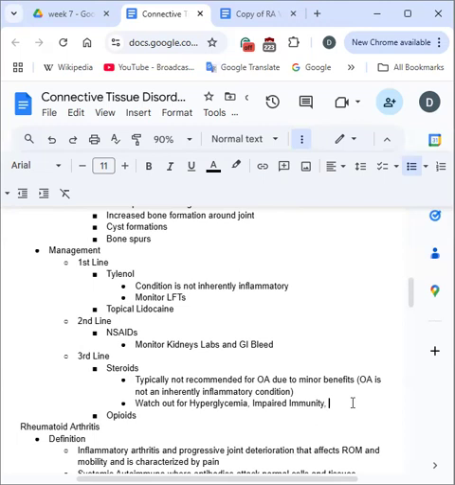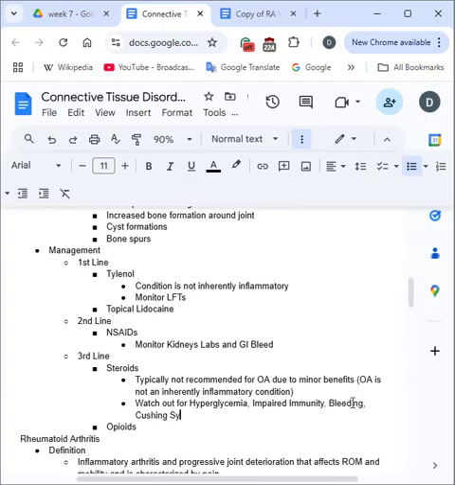So bleeding risk, all the things, and it can technically cause Cushing syndrome when it's really high dose, long term, but it probably wouldn't be in this condition because it's not really recommended for OA. The very key difference is OA is not inherently inflammatory.